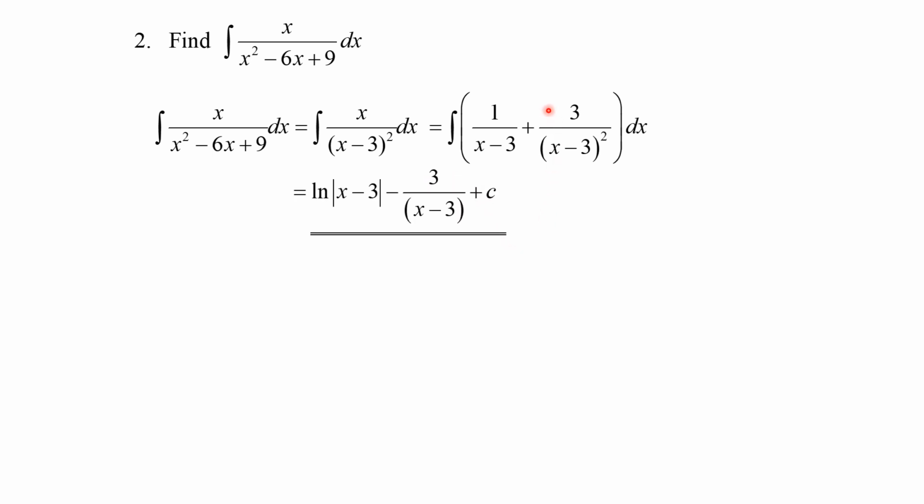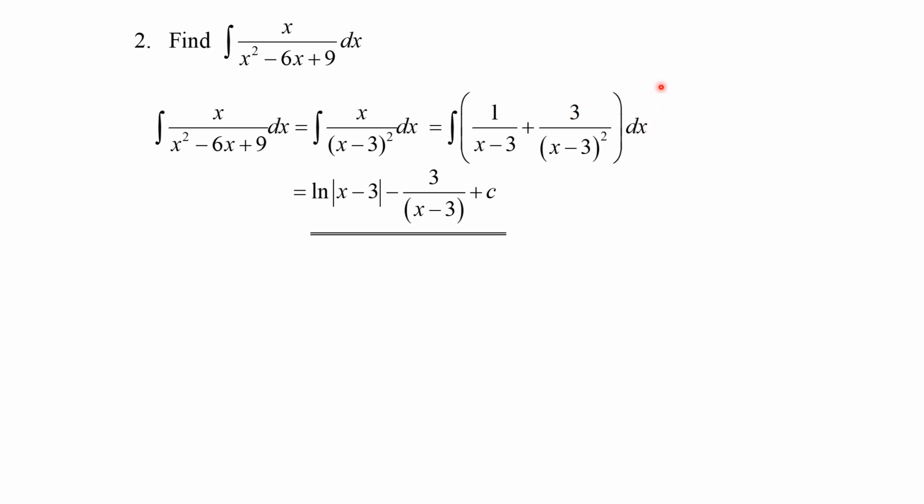The next step is to integrate each term individually. Integrating 1 over x minus 3 will give you ln|x minus 3|. Integrating the second term is a normal integration. You will arrive at negative 3 over x minus 3. You treat this as 3 multiplied by (x minus 3) to the power of negative 2.